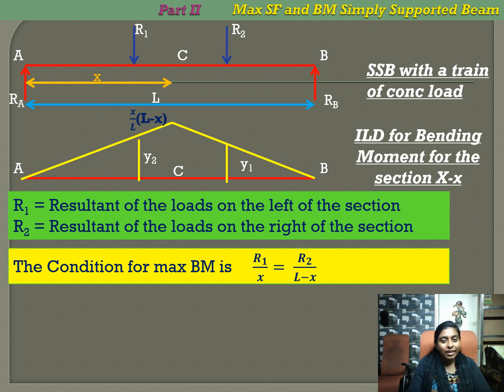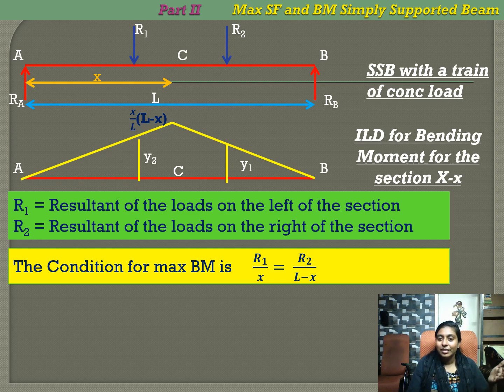I am not giving you the derivation, just the condition, since from an exam point of view this is what we need. The condition for maximum bending moment is R1 by X is equal to R2 by L minus X.